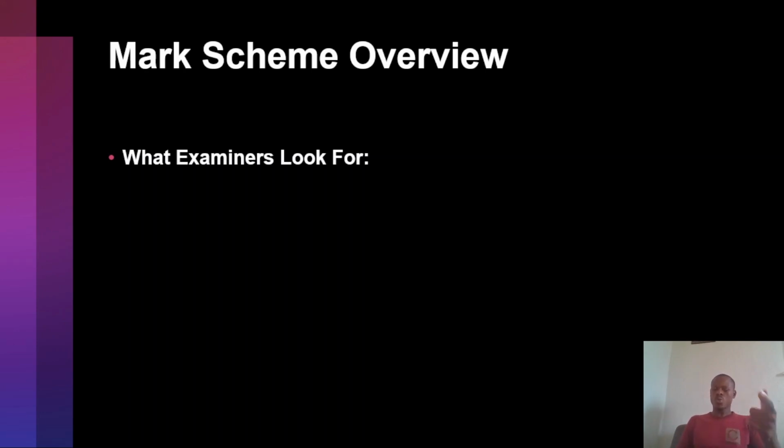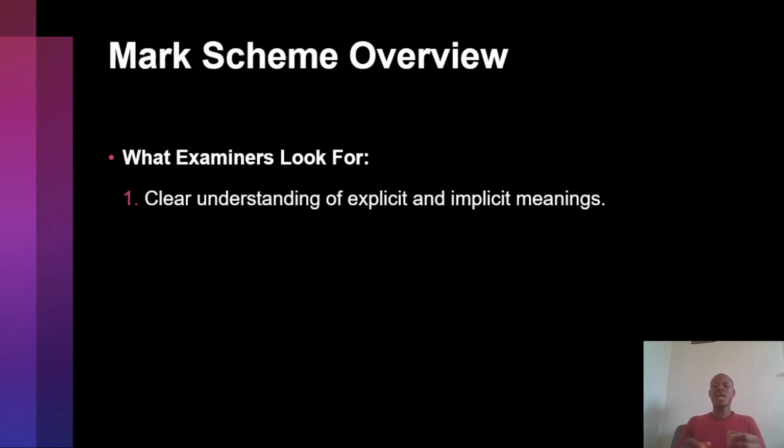All right. So, what do the examiners look for? One, they look for clear understanding of explicit and implicit meanings. Explicit meaning is information that you don't need to dig further to understand what has been said. For instance, I am hungry. I just told you I am hungry.